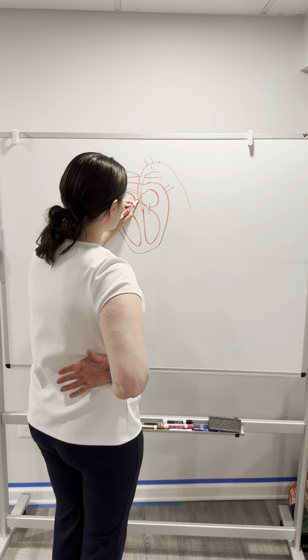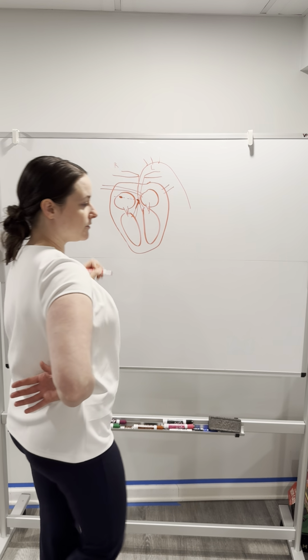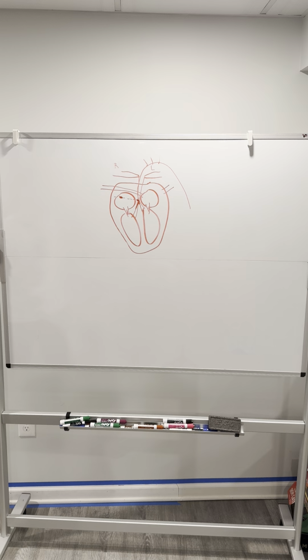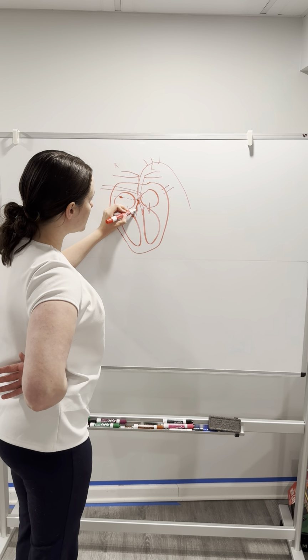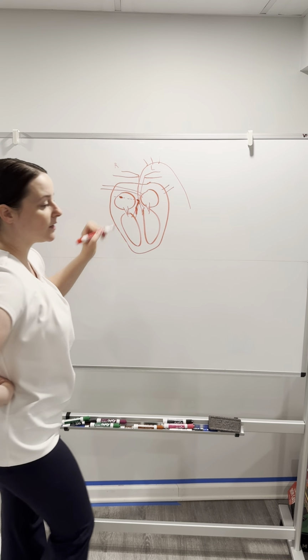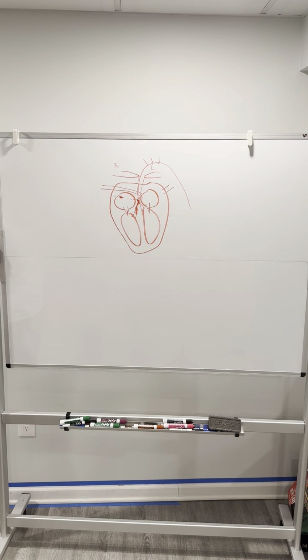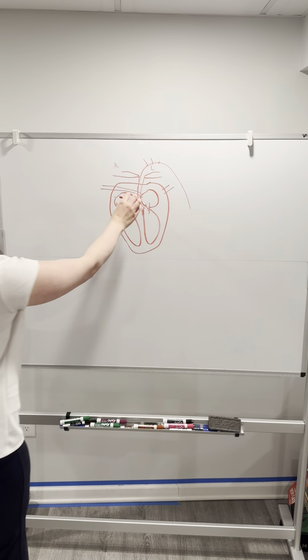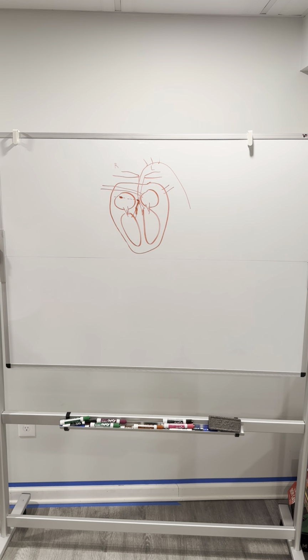It kind of branches off here. This is in the superior part of the interventricular septum, between the ventricles. This is the only electrical connection between the atria and the ventricles, so it's an important one, right?